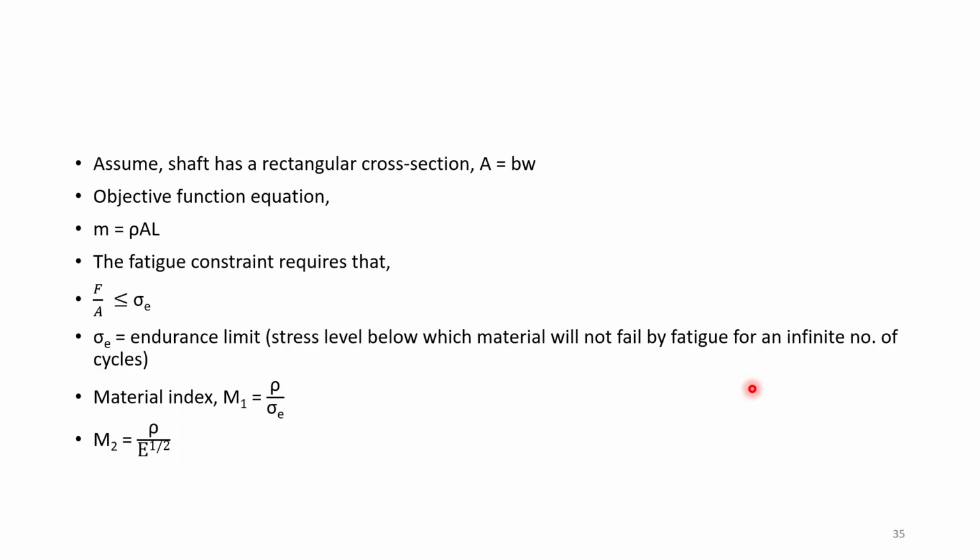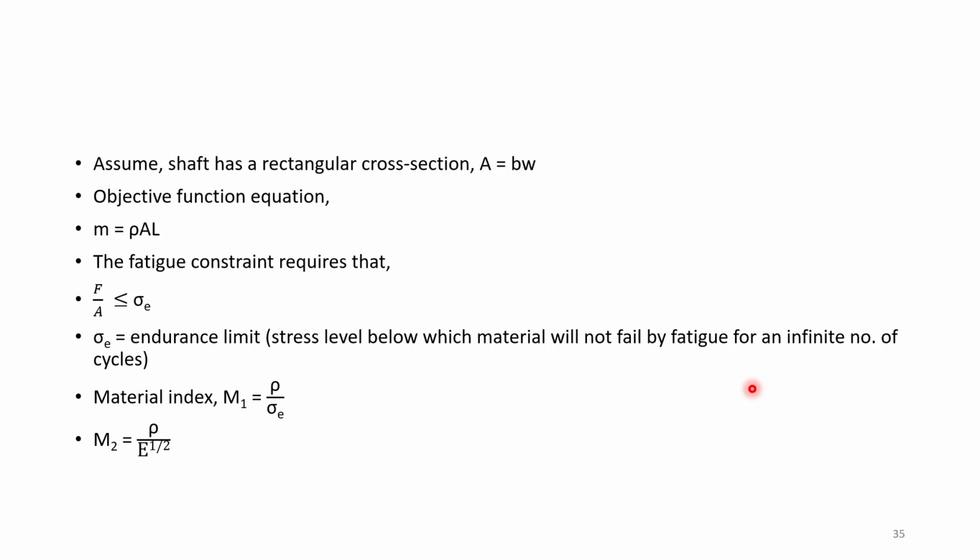Now we assume that the shaft has a rectangular cross section A equal to B times W, and here the objective function equation becomes M equals rho AL. Now the fatigue constraint requires that F upon A is less than or equal to sigma E. Sigma E is your endurance limit, which is the stress level below which the material will not fail by fatigue for an infinite number of cycles.